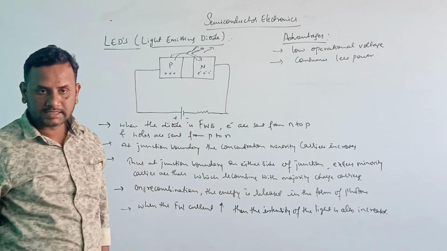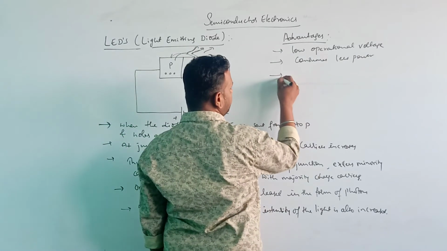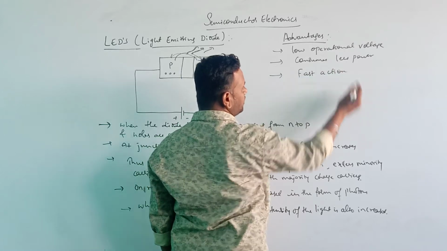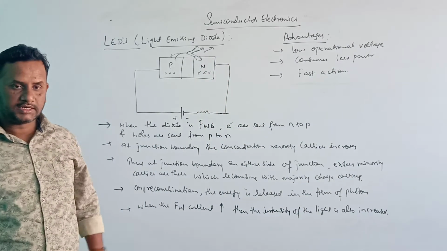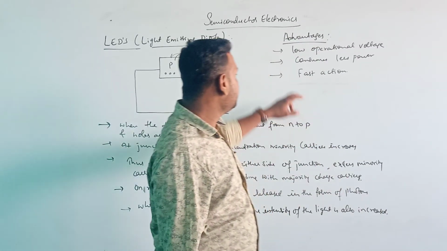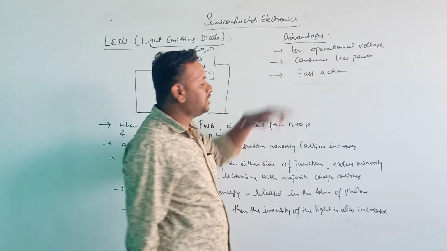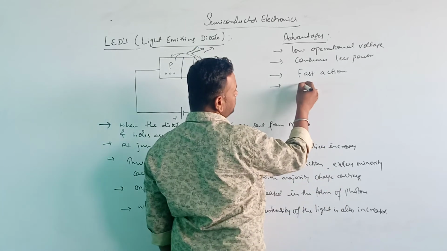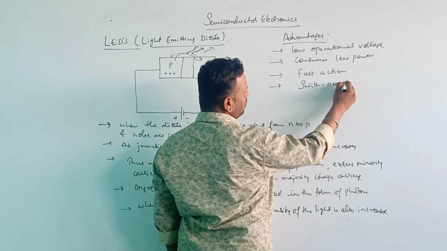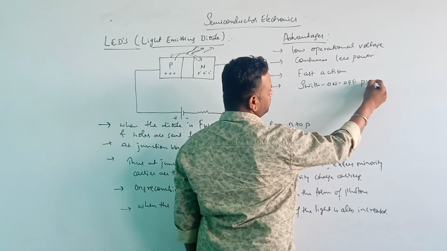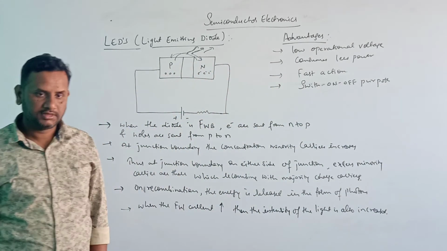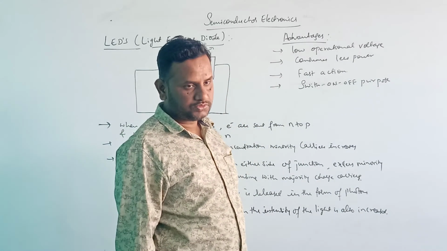Consumes less power and fast action. जैसे ही आप ऑन करेंगे लाइट सडन से इमिट हो जाएगा. So it has a fast action and hence it has been used for switch on off purposes. Okay, it has been used as a switch. इसे हम स्विच की तरह भी यूज कर सकते हैं.